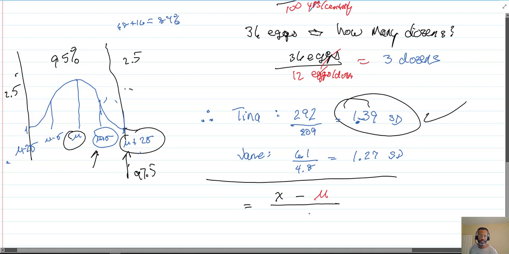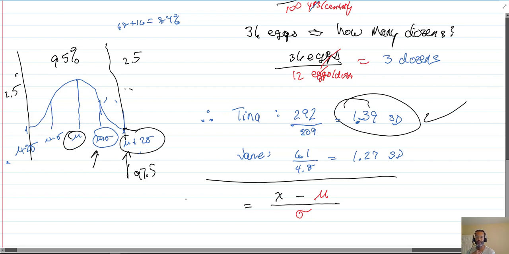And then what we're going to do is normalize it, give it units of standard deviation for that data set. Just like we gave it units in terms of dozens or units in terms of centuries, we're going to give it units of standard deviations for that data set. So that's how we can get a difference. This score is just how far away from the mean one is in the correct units.